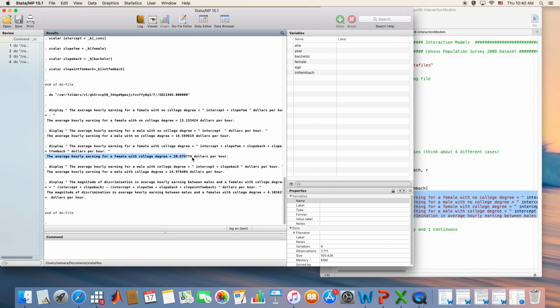The third case is a female with a college degree. She would earn on average $20.87 per hour. Males would make about $4 more. So males with college degree would earn on average $24.98 per hour. The magnitude of discrimination is this number minus this number, so you would get it right here.